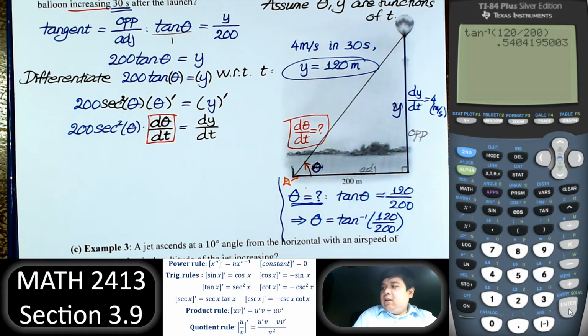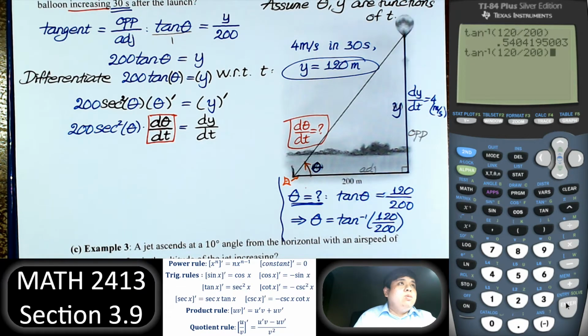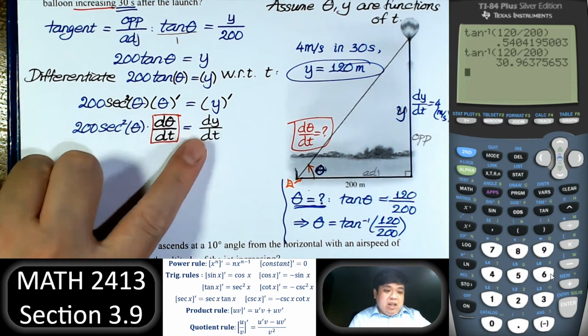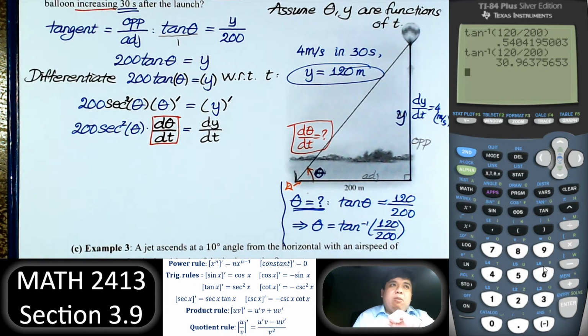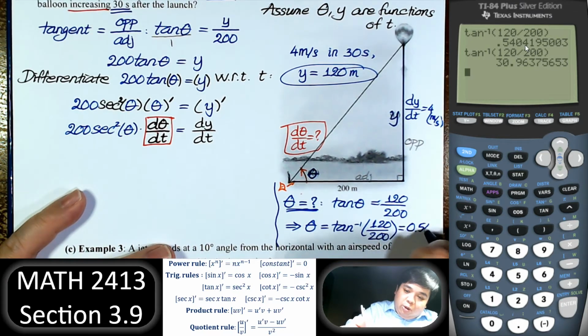Make sure the calculator is in radians. If it were in degrees, this would be 30.9 degrees, but it has to be in radians, because in this calculation, using degrees would be a lot more complicated. The standard unit for angle is radian, so it's going to be about 0.54 radian.